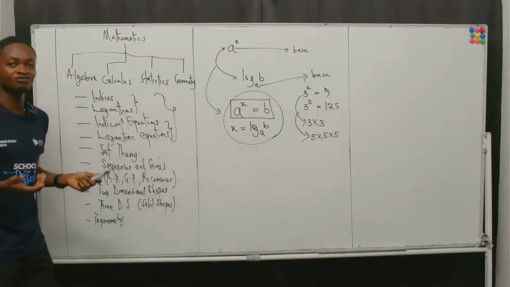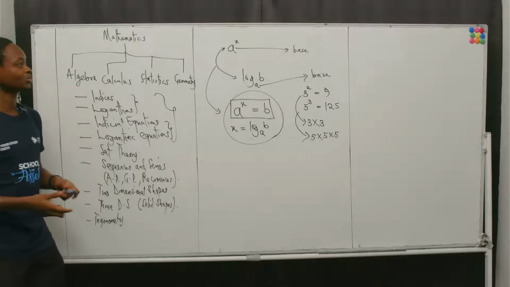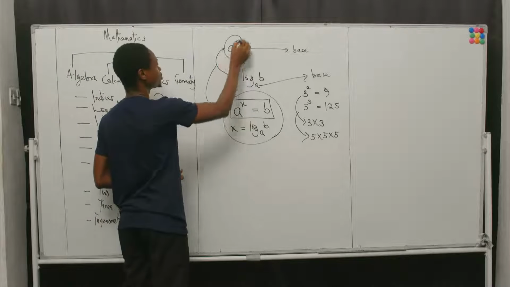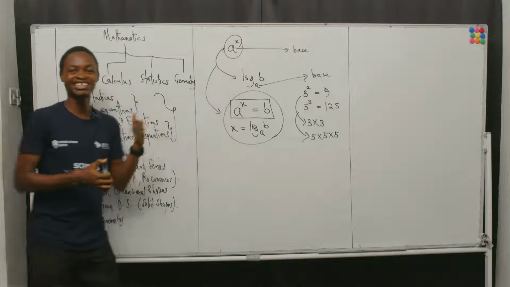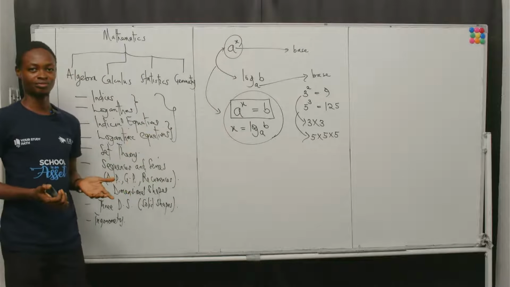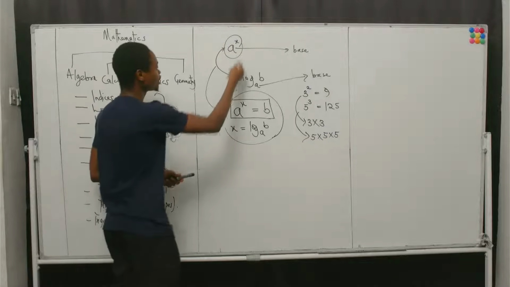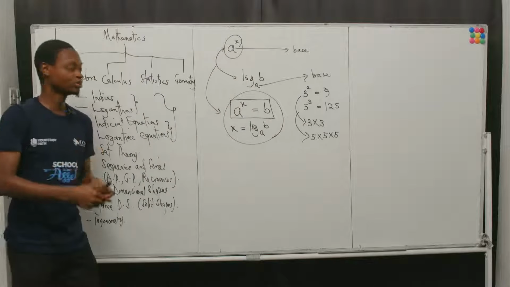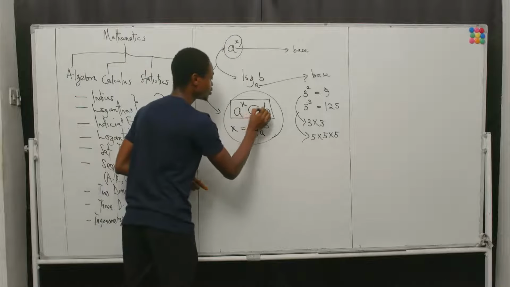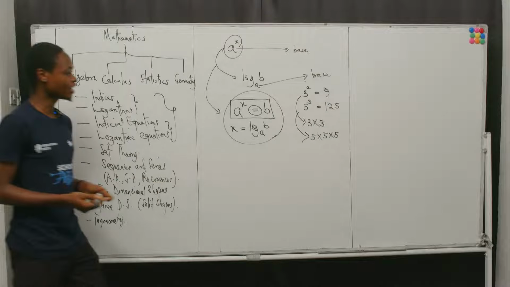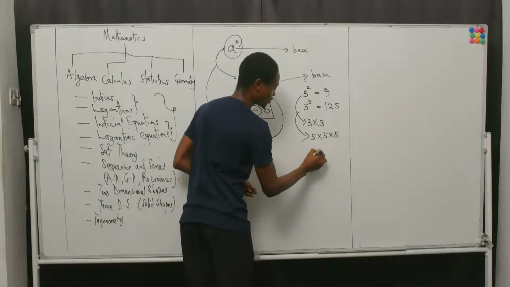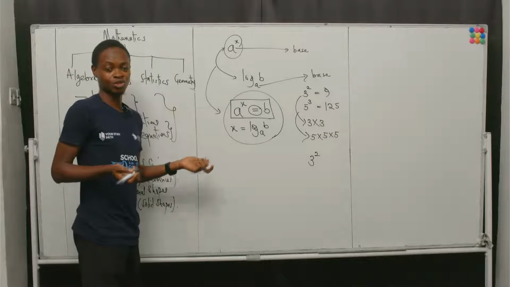Now, what is the difference between an expression and an equation? This is an expression. Why? Because you cannot see any equal to symbol in it, right? An expression becomes an equation when the equal to is added to it. So if I just write 3 squared, that's just an expression. That's a numeric expression.